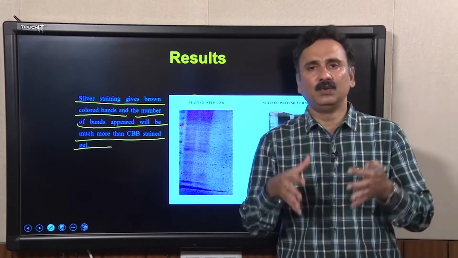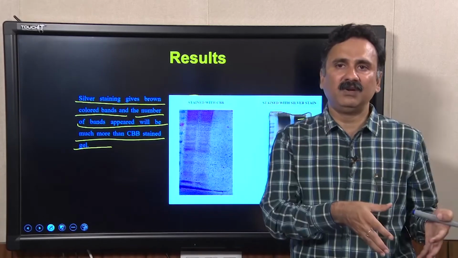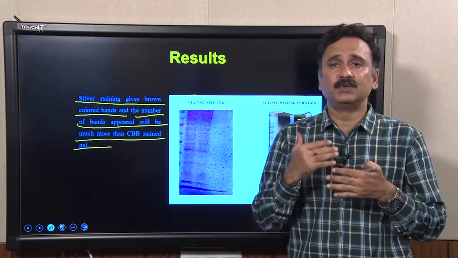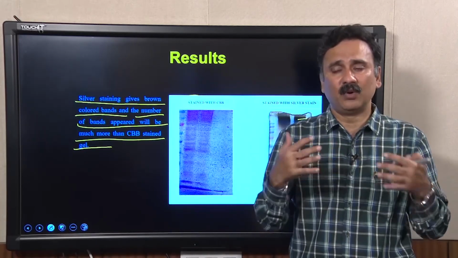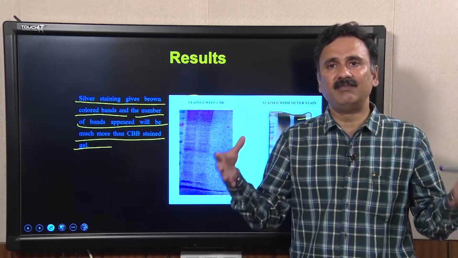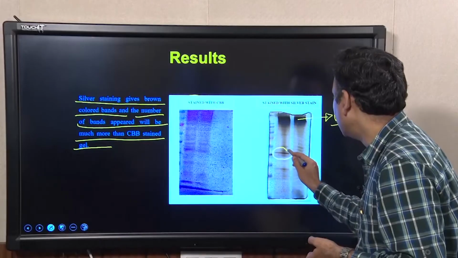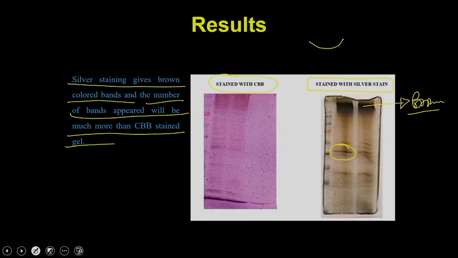Irrespective of whether you are staining the gel with Coomassie Brilliant Blue or silver staining, you are always going to see different types of abnormality in the appearance of these bands. For example, you can see the appearance of this particular band. Ideally you should see a band which is like this, but sometimes the bands do not appear, or you see a thin band, but these are the ideal bands.